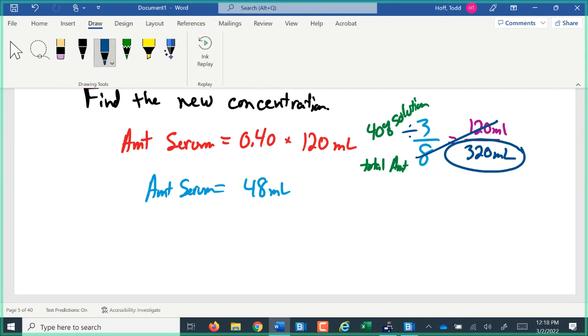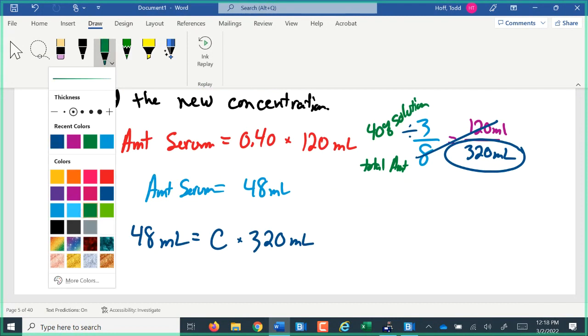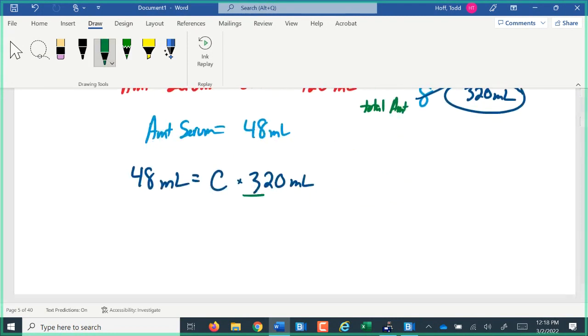So now we're going to find our new concentration. Well, the amount of serum is 48 milliliters. We're looking for, I'll just label that C there for concentration, times our total volume of 320 milliliters. And we simply solve this by dividing out the 320.